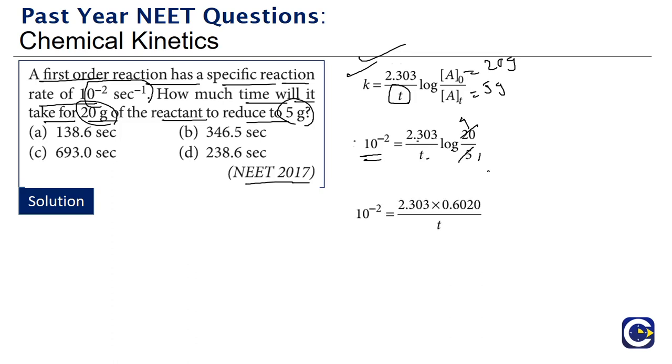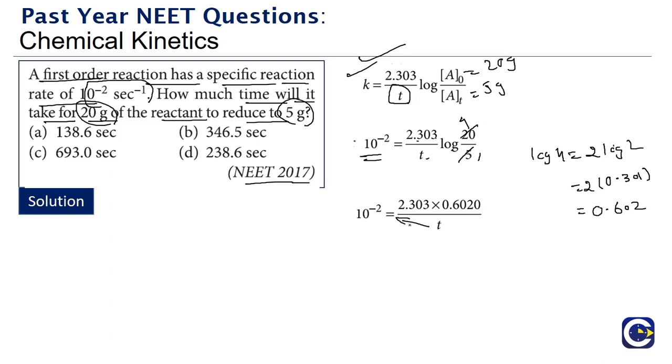So log 4 value will be 0.602 because log 4 will be 2 times log 2, and log 2 value is 0.301. In one of the previous problems also we discussed that it will always be good to remember these log 2 and log 3 values. So log 4 will be 0.602. So what we have is LHS 10 power minus 2 is equal to 2.303 into 0.602 divided by t.